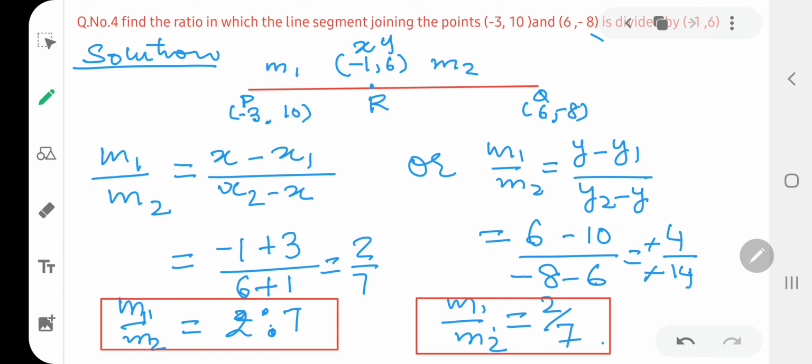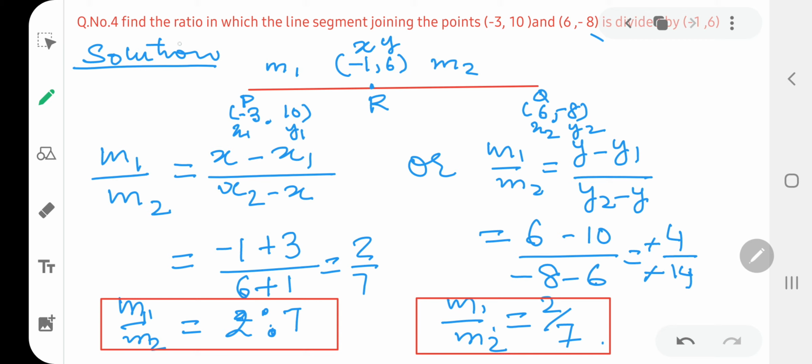This is x1, y1, the first point, and this is x2, y2. The ends are x1, y1 and x2, y2. The point in between is represented by x and y.